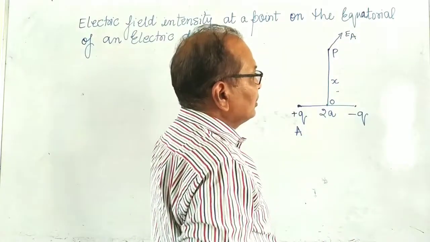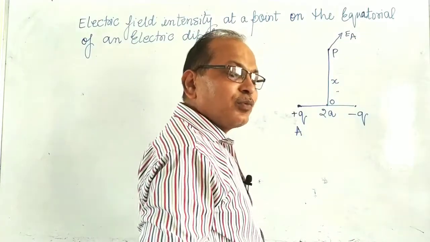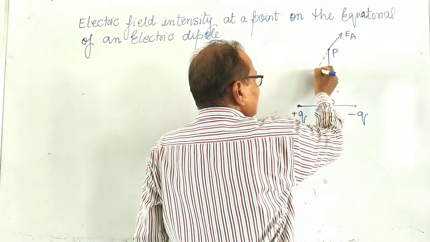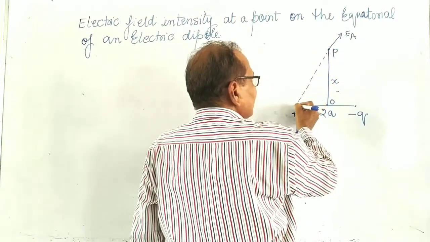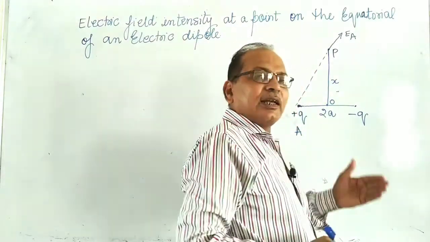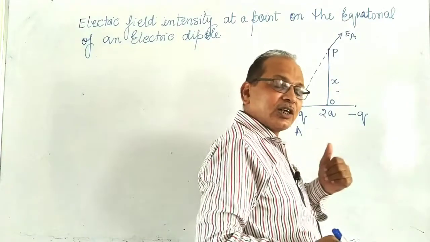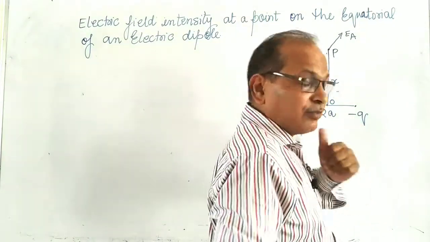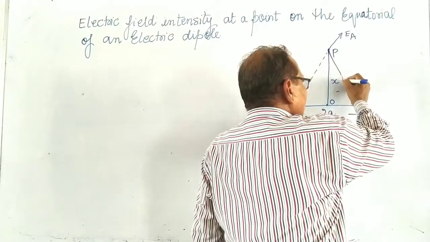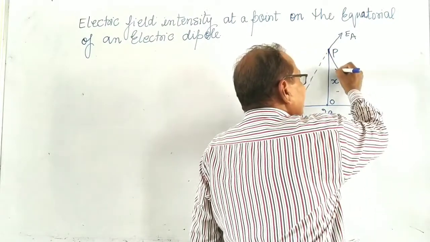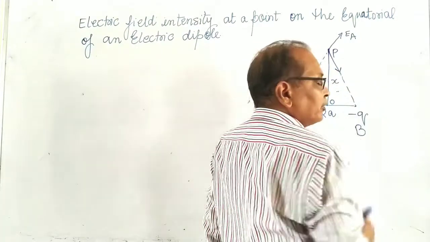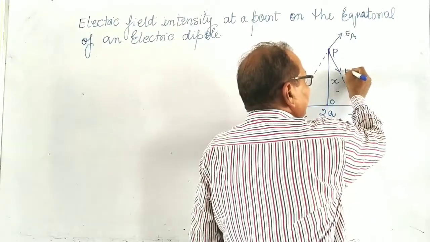That is, the electric field lines move away from the positive charge, and this is the distance between them. Now for the minus q charge, the electric field lines move towards the negative charge. Therefore the electric field due to the minus q charge, which is located at the point B, will be EB.